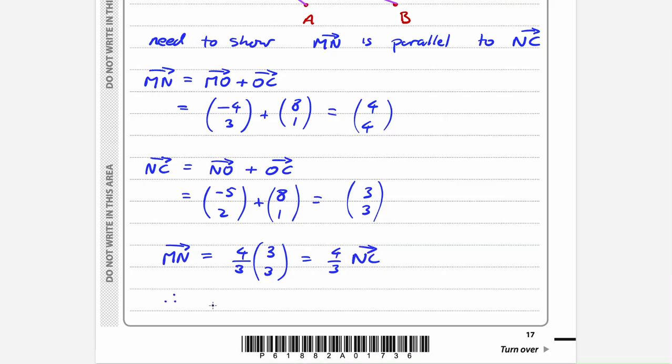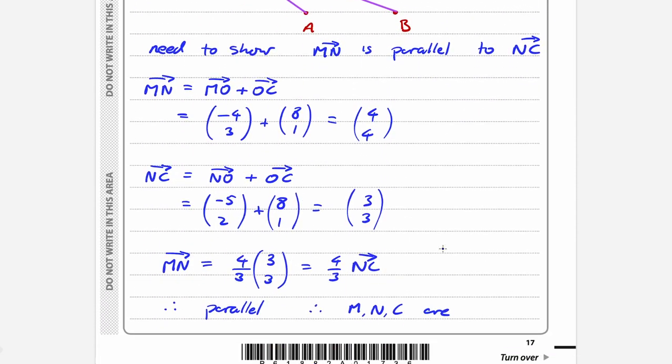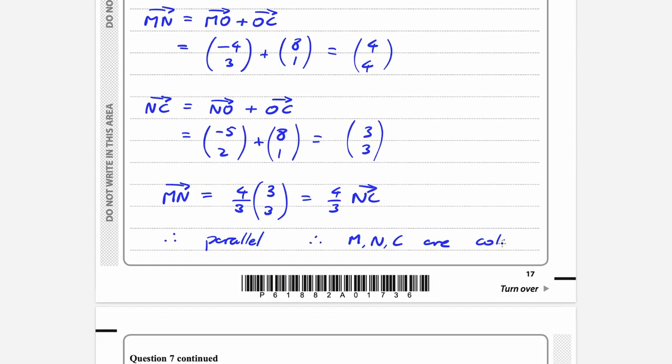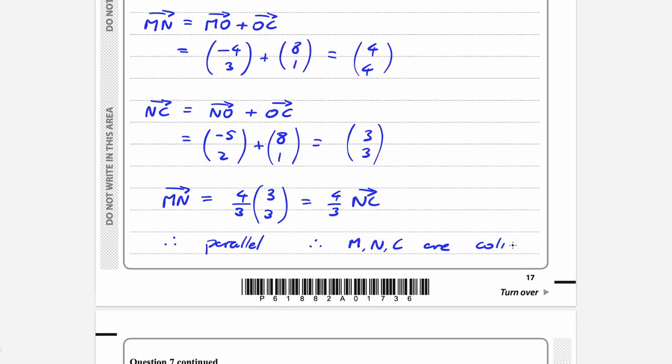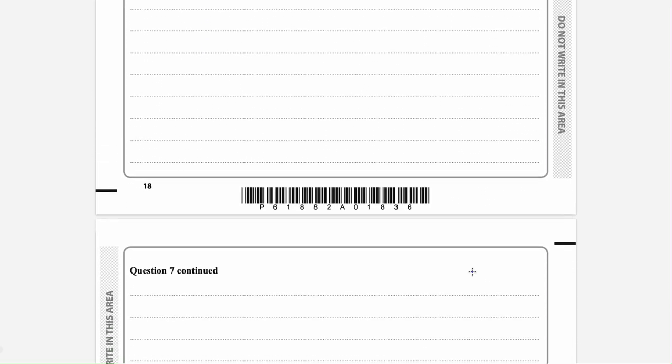Therefore, parallel. Therefore, M and C are collinear. Sorry, guys, 2 L's. Collinear. Okay, great, done. That is question 7.